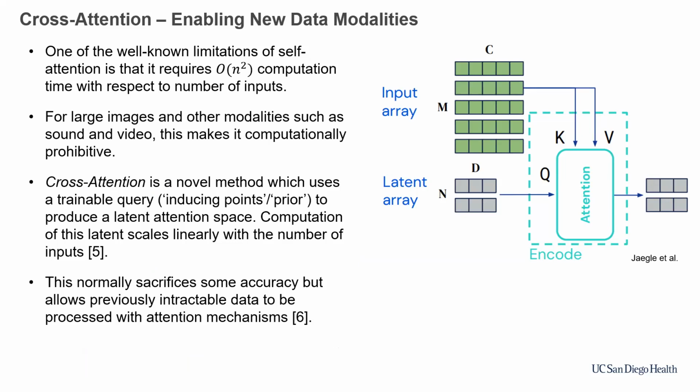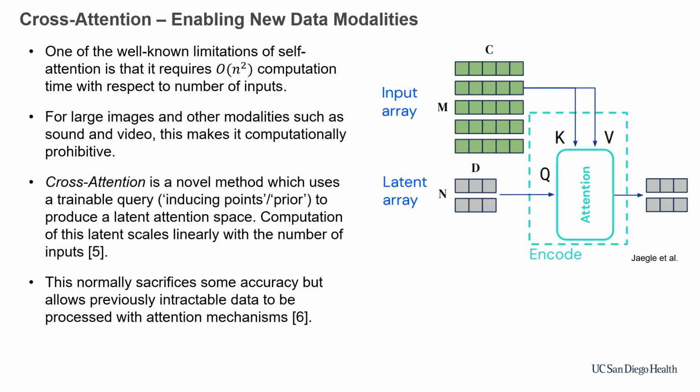So the way people have been attacking this problem is by switching to cross-attention, which is a more novel method where you can use a trainable query. So instead of calculating the query directly from the inputs, you have a latent query, which is learned via backpropagation. And it's only the keys and values which are computed from the input directly.